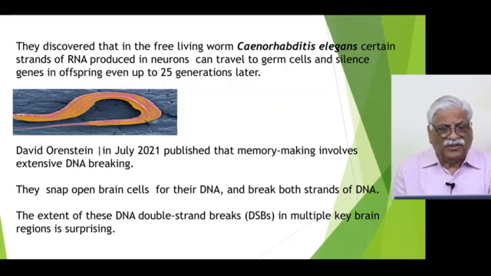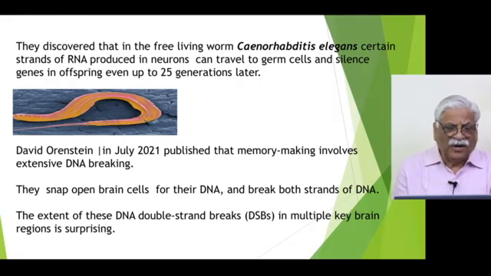David Ornstein in July 2021 published that memory making involves extensive DNA breaking. These small DNA breaks are also known as DNA double-strand breaks, because DNA is a double-stranded structure and therefore there are small breaks at various lengths of the DNA.